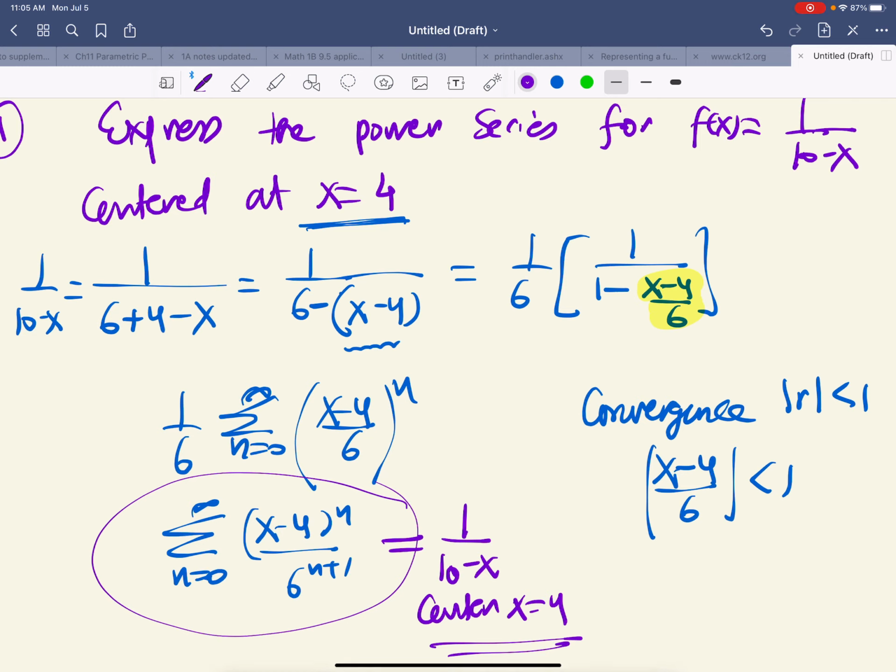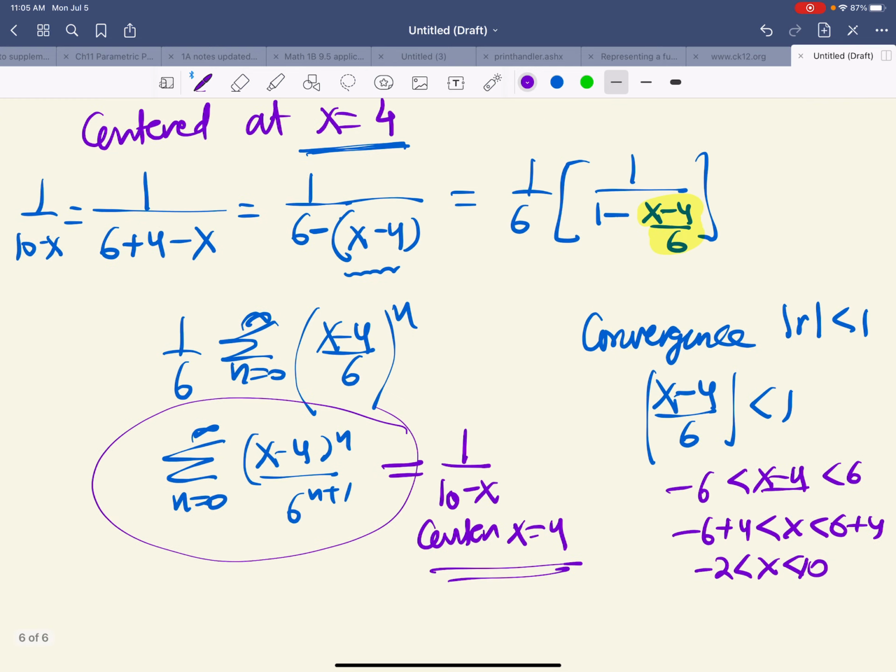So convergence in this case, I'm going to have when x minus 4 lies between negative 6 and 6 when I get rid of the absolute value sign. So negative 6 plus 4 is less than x less than 6 plus 4. So that means negative 2 and 10. Between negative 2 and 10, I'm going to have convergence in this case.